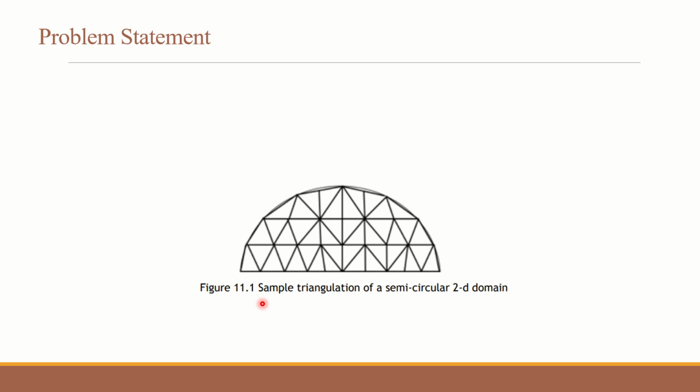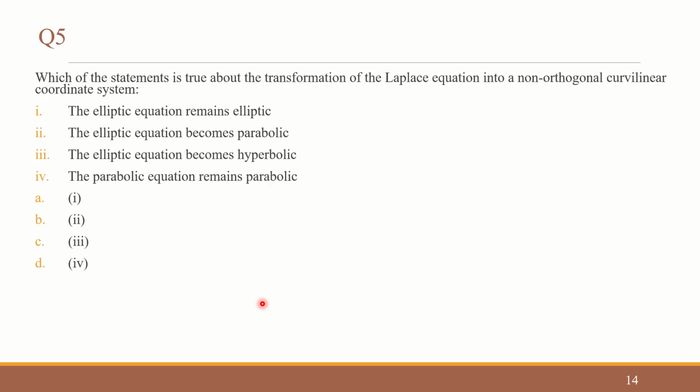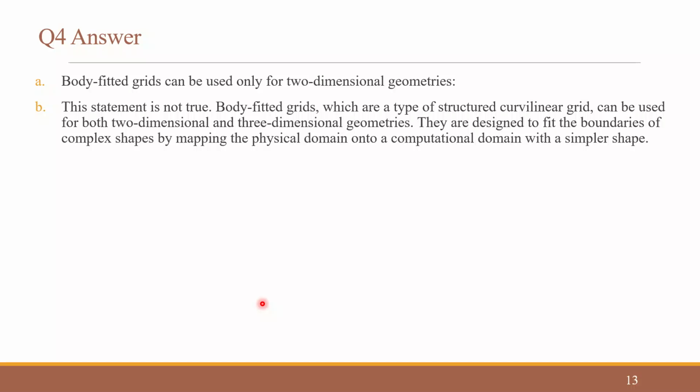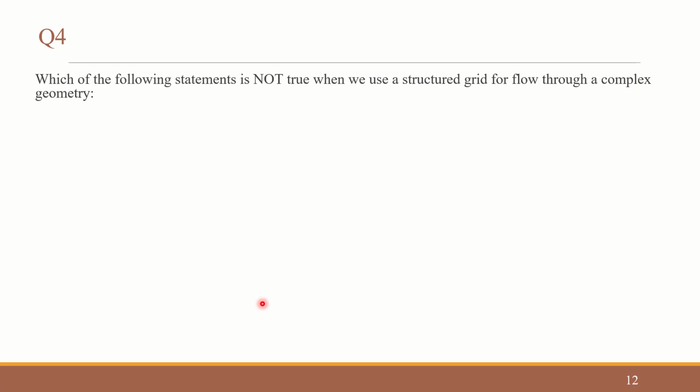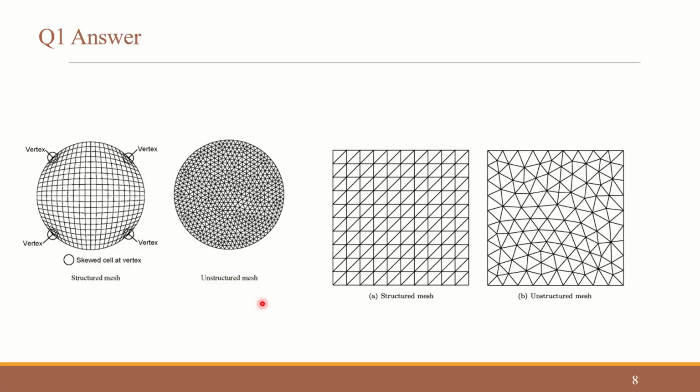So if I go back, this is our circular domain. If we divide it, we will get this semicircular domain. So here we are using structured mesh for circular domain, and we are also using unstructured mesh for circular domain. So it is possible to get a structured mesh for it as well.